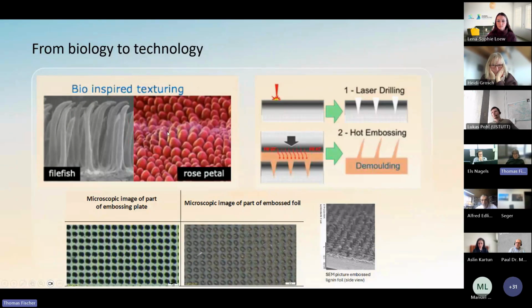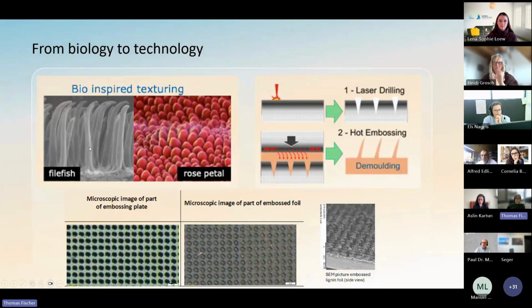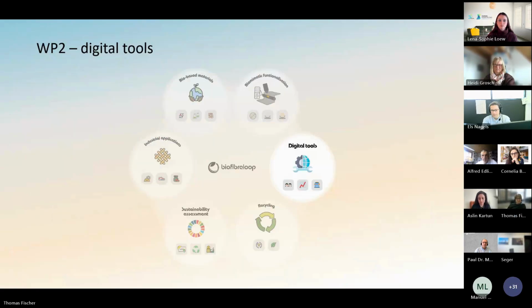Then we take a microscopic pattern, do the laser engraving of the metal roll, and with that we go on the coating layer, and then the coating layer gets again the negative form, so that we in the end come up with this original structure from nature, put it onto our fabric layer. Yes, the digital tools for that one will be shown in a minute.